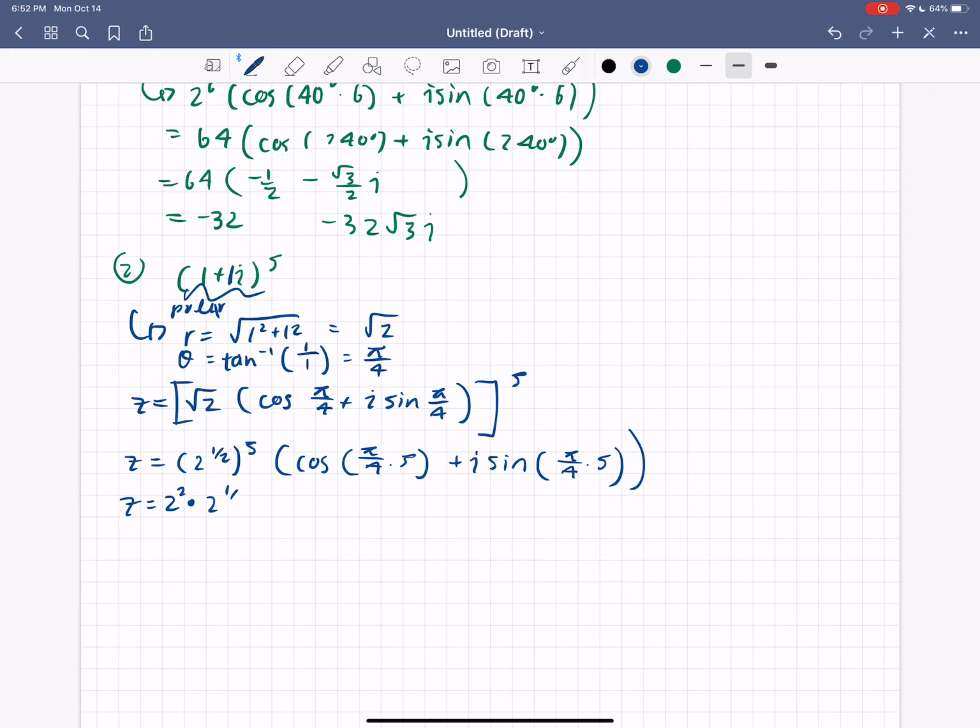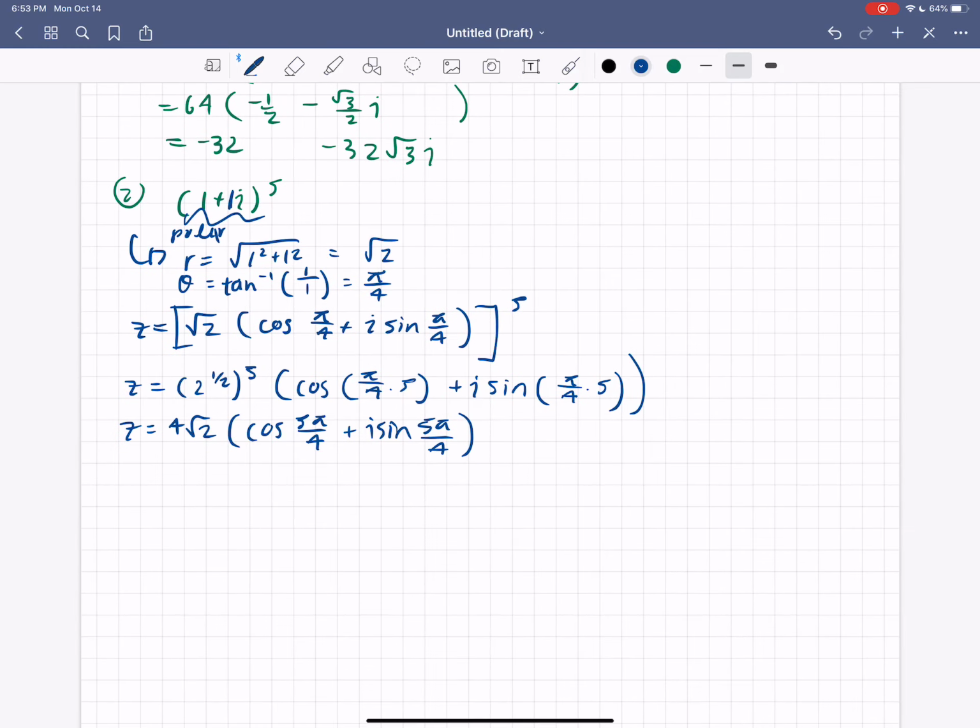If we do that, this becomes 4, and then this becomes root 2. So that's our simplified r. And then we have cos 5 pi over 4 plus i sine of 5 pi over 4.